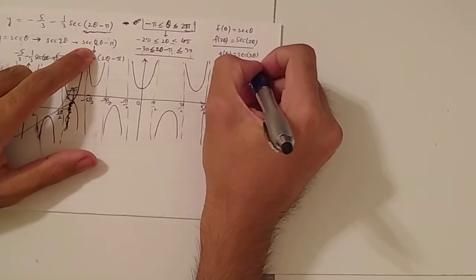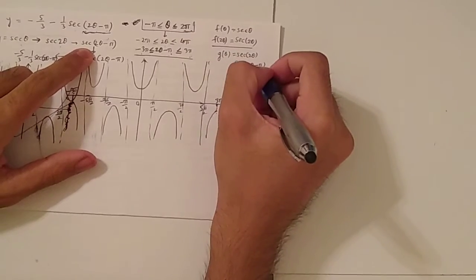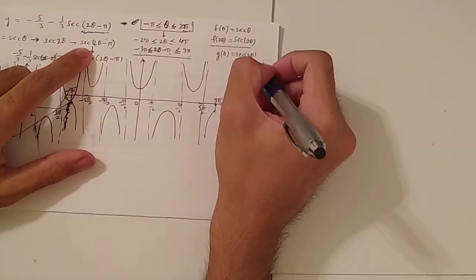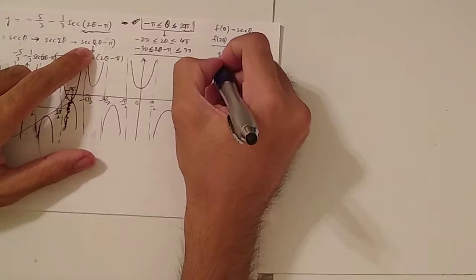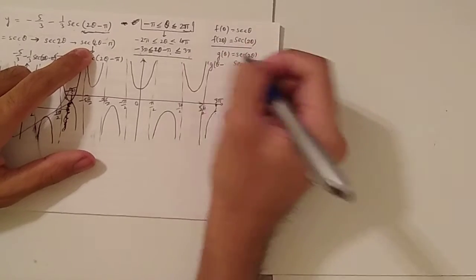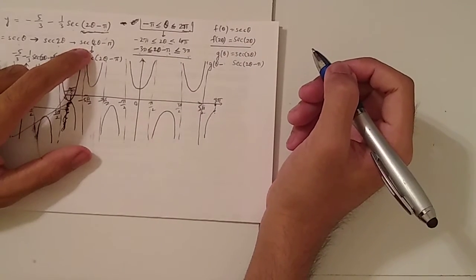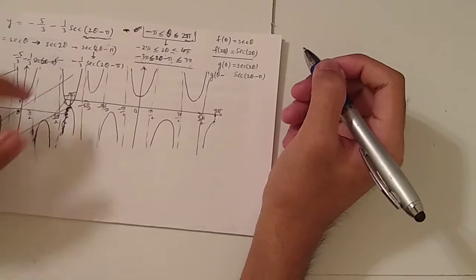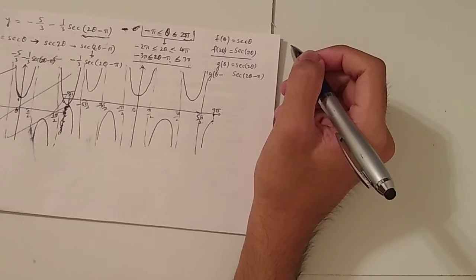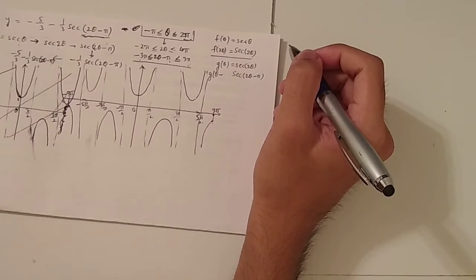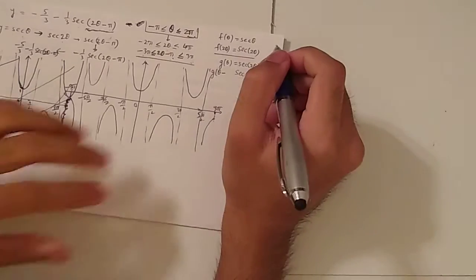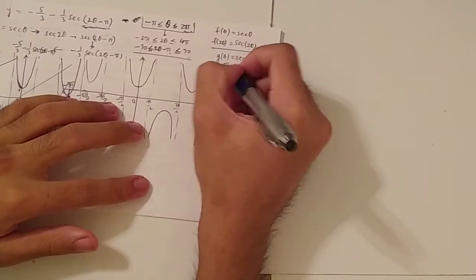Notice that the minus pi is inside the bracket, inside the function, so this is going to be g of theta minus pi by 2.